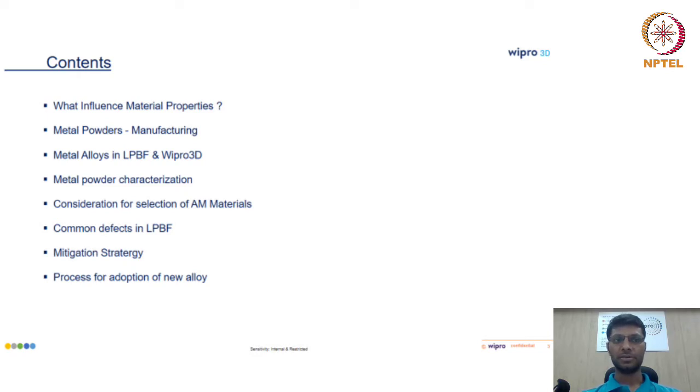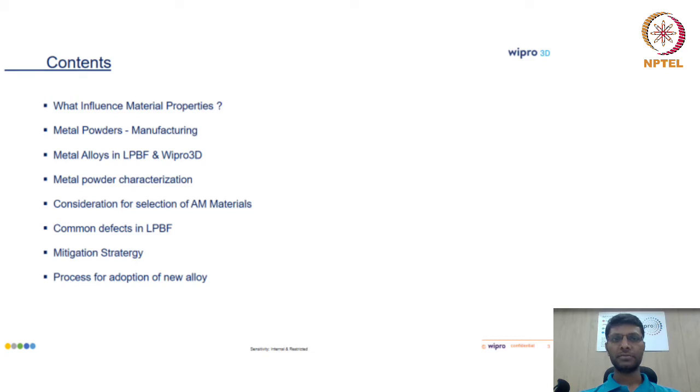We'll check what parameters influence the material properties. Then metal powder manufacturing processes, metal alloys available in LPBF and specifically in Wipro 3D. We'll check what materials are available. Then metal powder characterization, considerations used for selection of AM materials, common defects in LPBF, and then mitigation strategies, as I said.